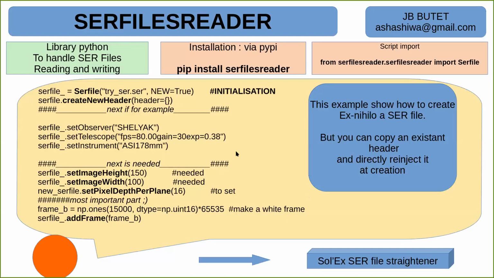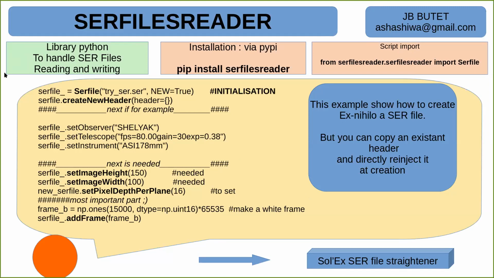So you can read, but you can also write with this library. The only thing you have to do is to give a new trigger to true. It's a new SER file, and to create a new header. There are some default values, so if it's for a test, you don't have to write all the header.